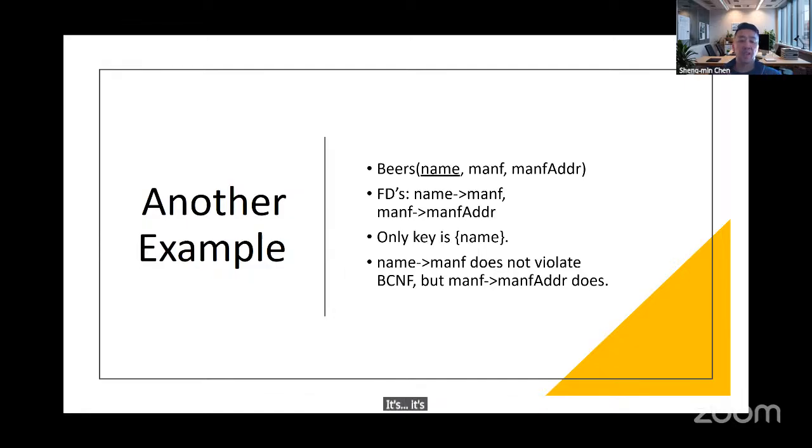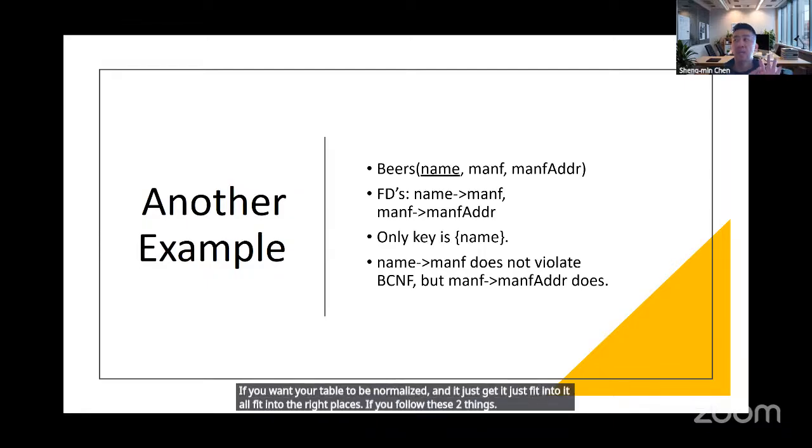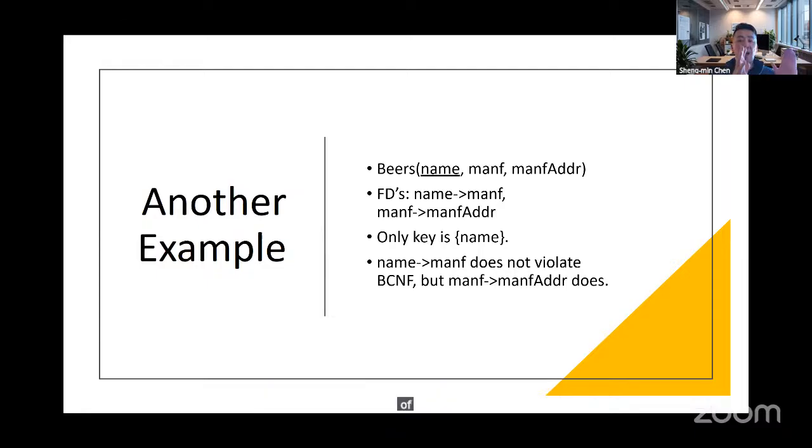Okay, so it's just an industry-wide known thing that if you want your tables to be normalized and all fit into the right places, you follow these two things. Number one is to make sure that your data is being stored following first and second normal form, and that the data of an entity is isolated in just that table.